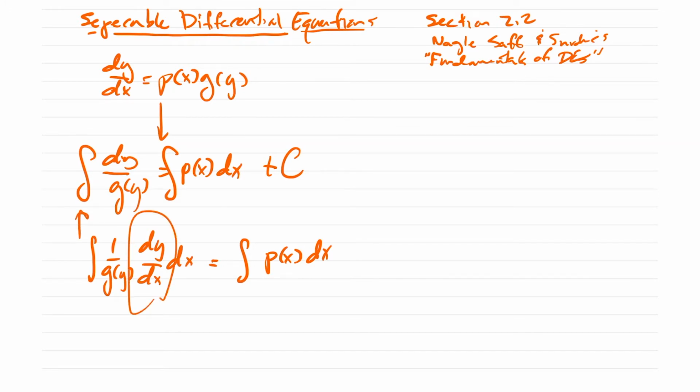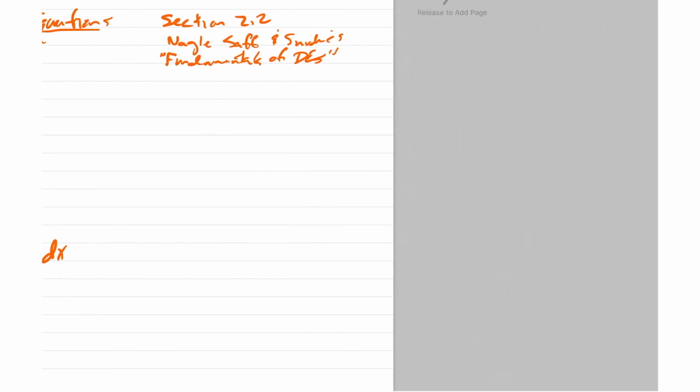So u substitution would give us this. But never fear, you're never really going to have to worry about that little technicality. What you're going to have to do is remember how to integrate a lot of things.